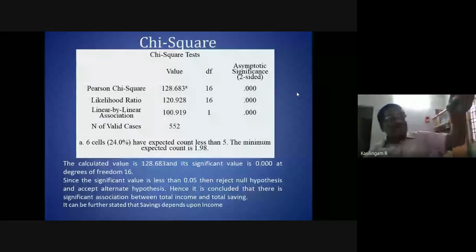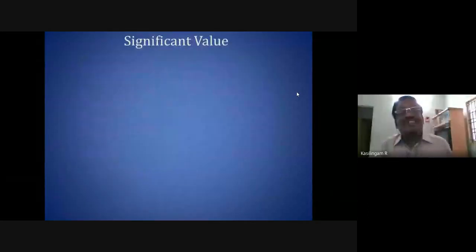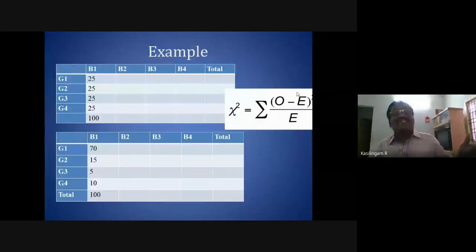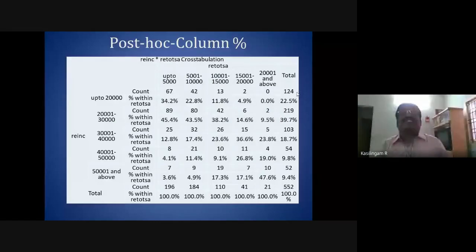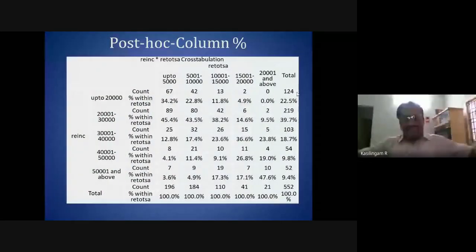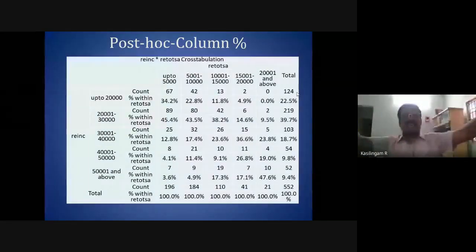Whenever we say income and saving are associated, we need to know which income category and which saving category are associated. That is called the post hoc test in chi-square. First we will check the significant value and say they are associated. Over.